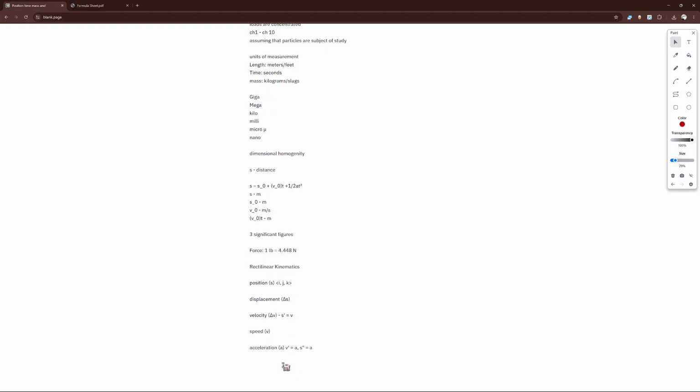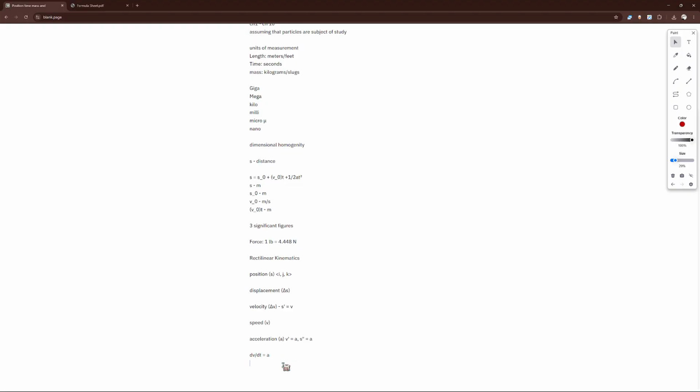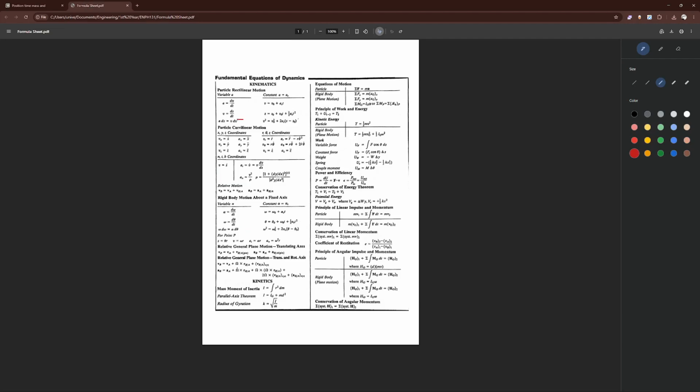So if I actually write out the actual notation, we have dv dt is equal to A, and then we have ds dt is equal to V, right? You can eliminate time from these equations to get this form.